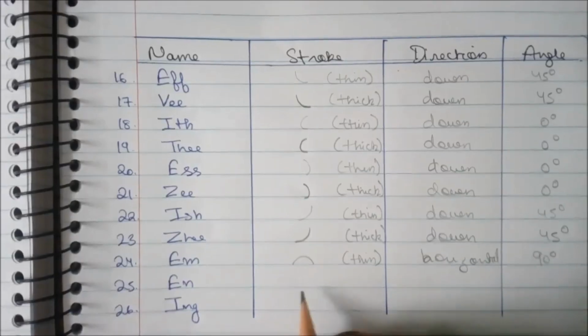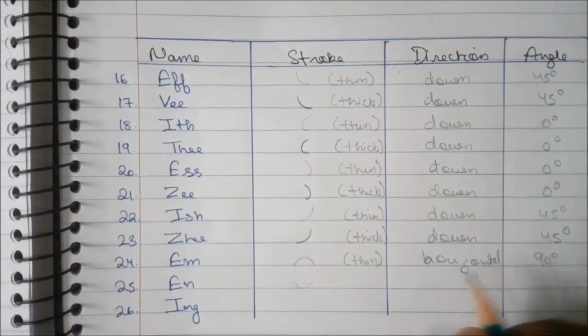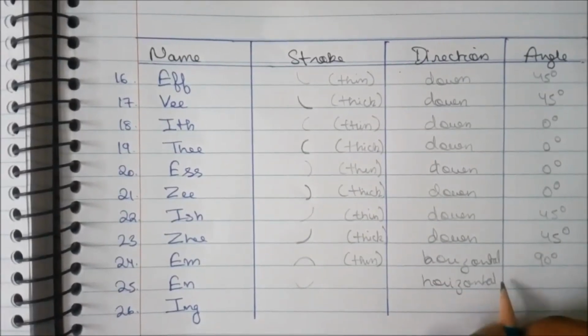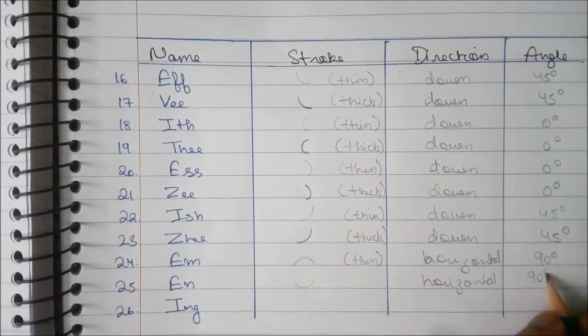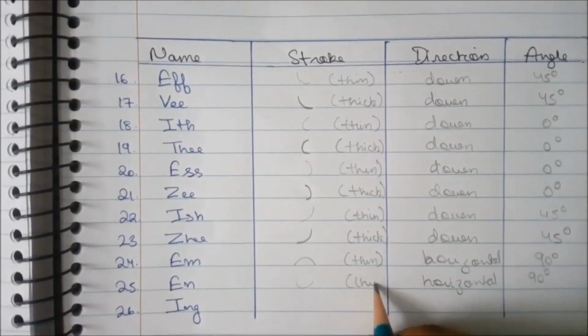And the next stroke is N. It is also a horizontal stroke. It is 90 degree. This one is a thin stroke.